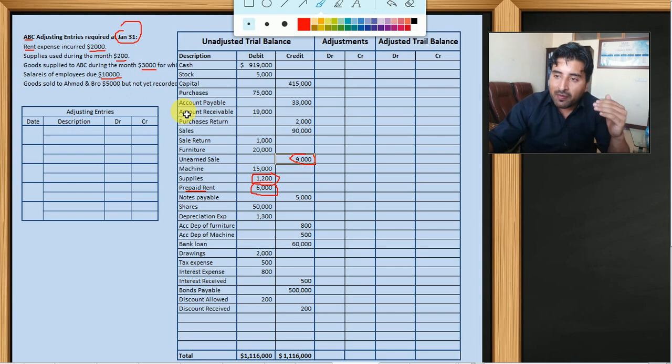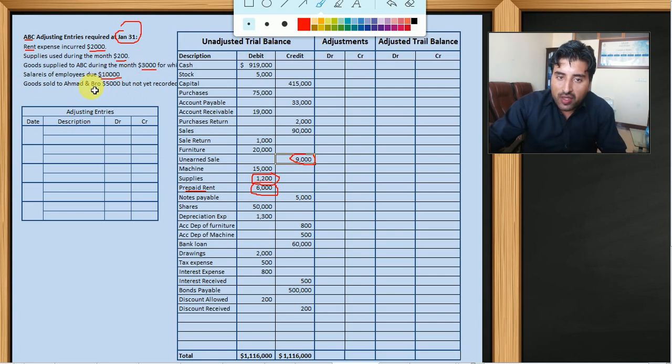So we must record expense, and this is what we know about the accrual basis of accounting. Under accrual basis of accounting, we have to make sure to record the revenues and expenses, right, irrespective of the cash payment or receipt. So here expense incurred, we have not yet paid, but we have to record it as we are following the accrual basis of accounting.